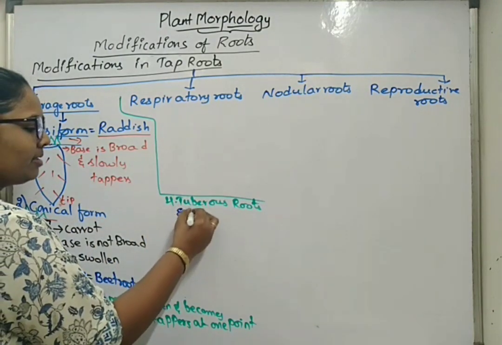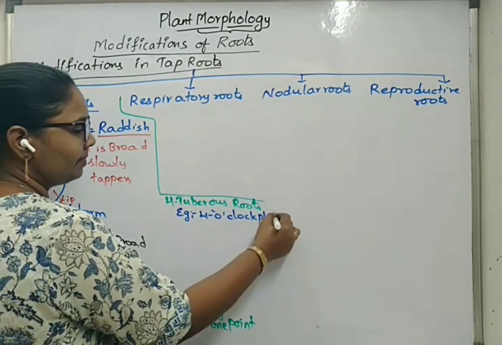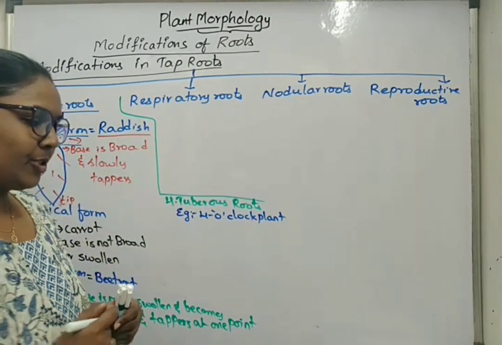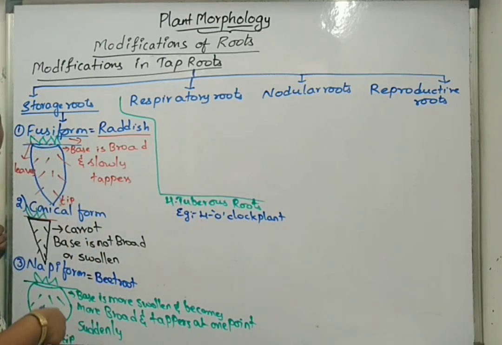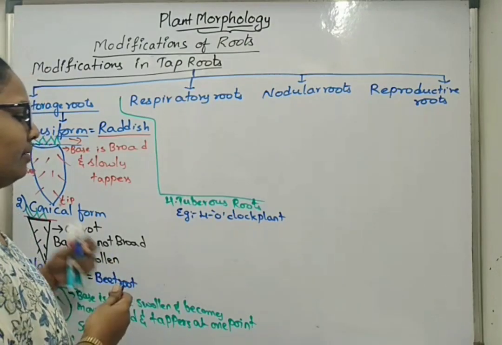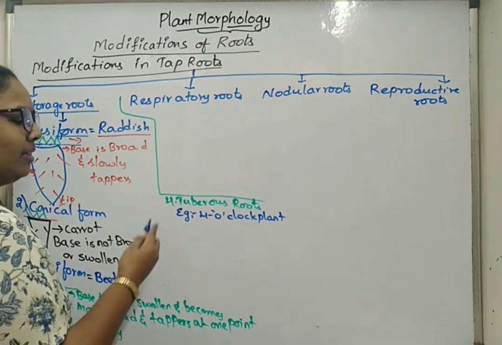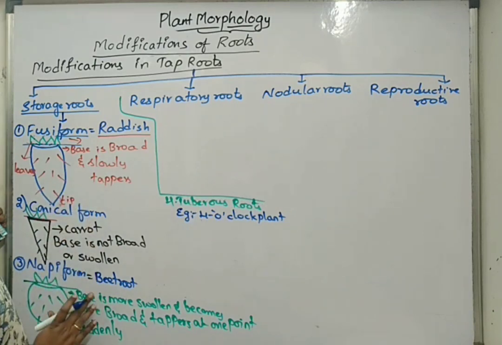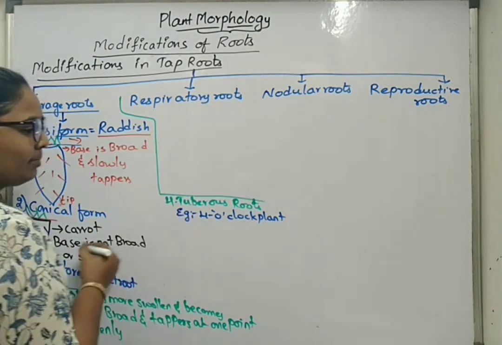Here the example is the 4 o'clock plant. If you observe your NCERT textbook, along with the fusiform, carrot, radish, beetroot, etc., they have given the roots of sweet potato. But sweet potato is an adventitious root. We should identify that, and we should not write that adventitious root example along with these taproot modifications. So here the tuberous root example is this one.